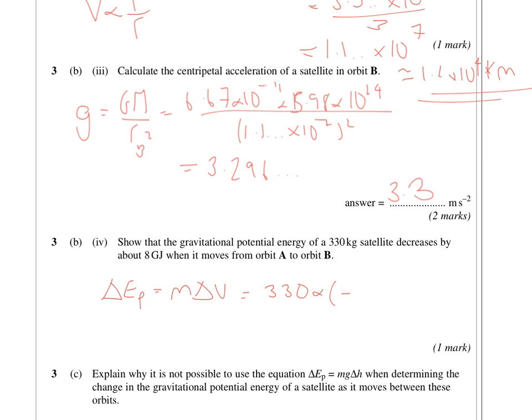We had minus 12 and minus 36, and we type that in, so it's effectively 36 minus 12 times 330. Oh, and I forgot, times 10 to the 6 because it's in megajoules, which is 7.92 times 10 to the 9, which is approximately 8 gigajoules.